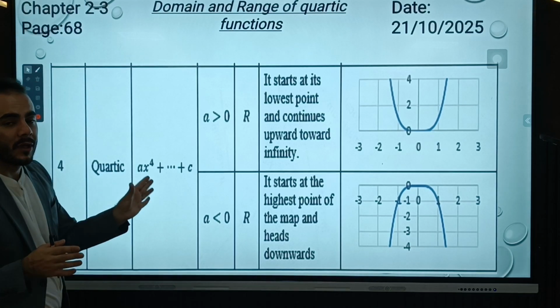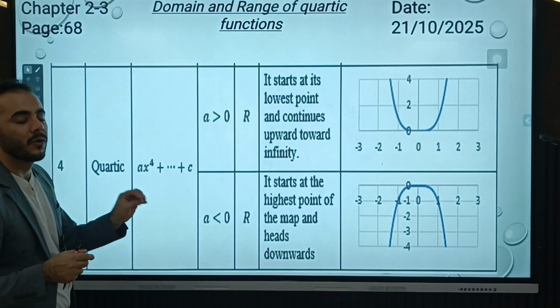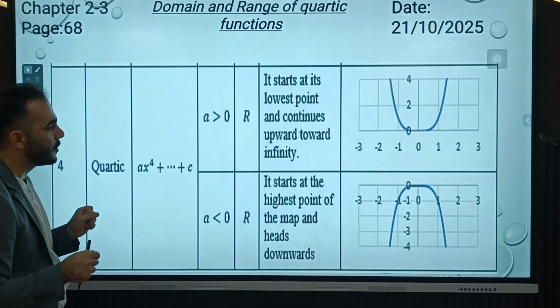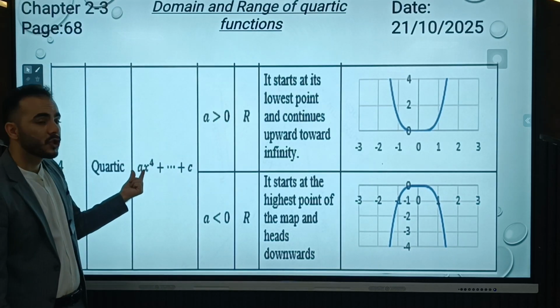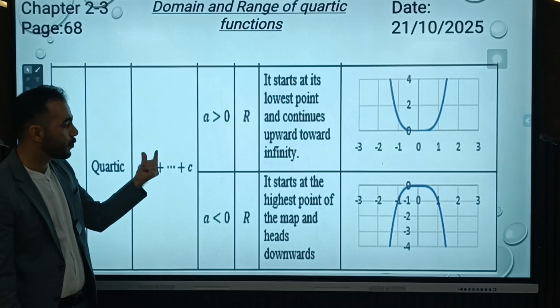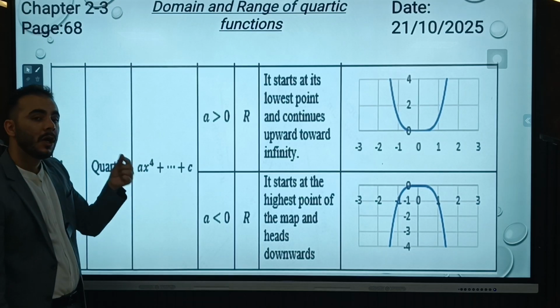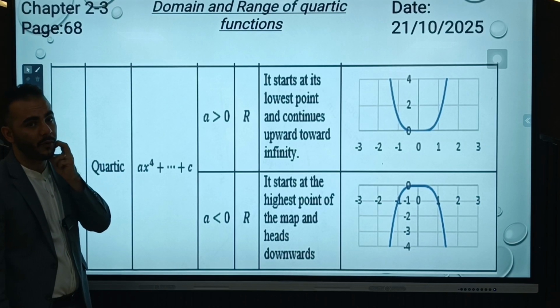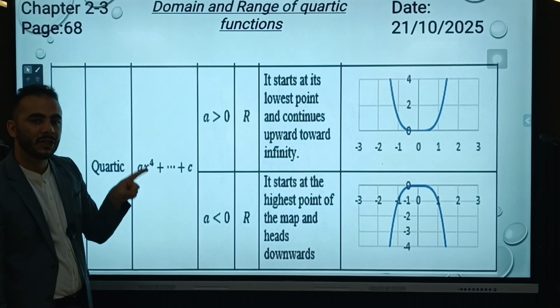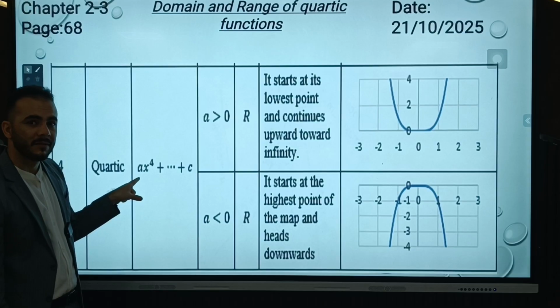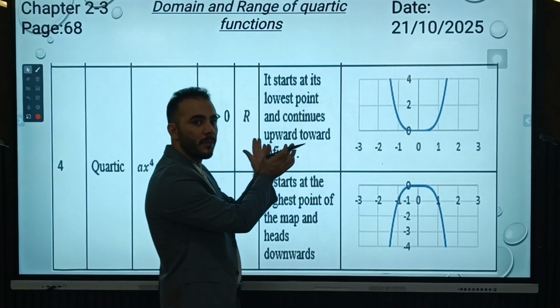If a is positive, what is a? a is the coefficient of x to the fourth. Since we have a quartic function, we should have a degree of 4. If the coefficient of that variable is positive, the graph would open up, and if it is negative, the graph would open down.